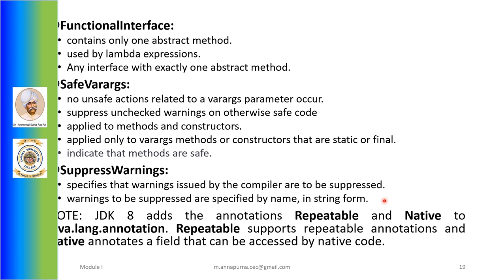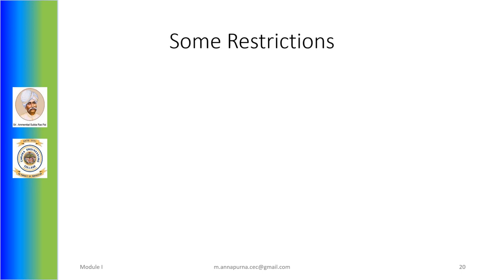An important note: we also need to know that to java.lang.annotation, JDK 8 adds annotations like @Repeatable and @Native, where the @Repeatable annotation supports repeatable annotations and the @Native annotation annotates a field that can be accessed by native code.